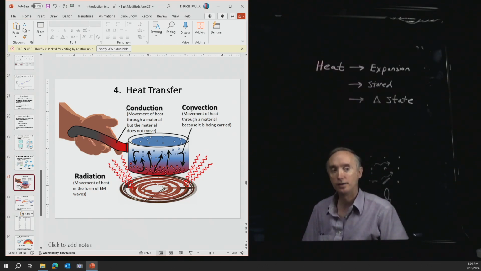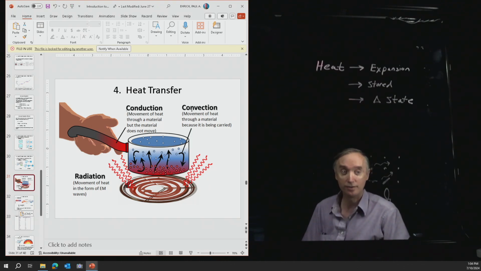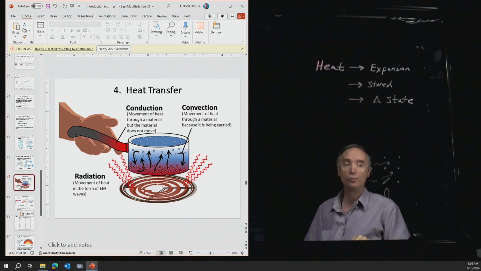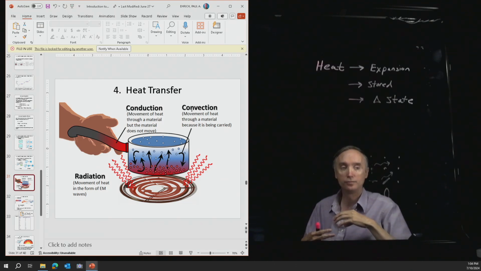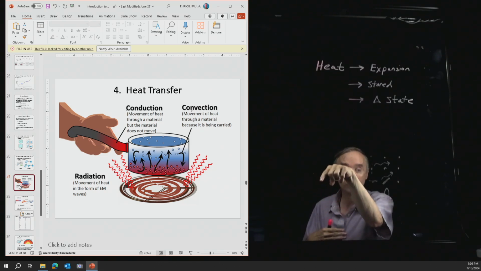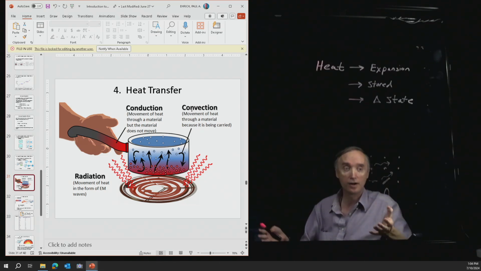Now, on the other hand, air is not a good conductor of heat. And so that's the reason why you wear multiple layers of clothing on a cold day, is that each one of those layers is going to not allow the heat to escape into the environment. So that's what's going to keep you warm.